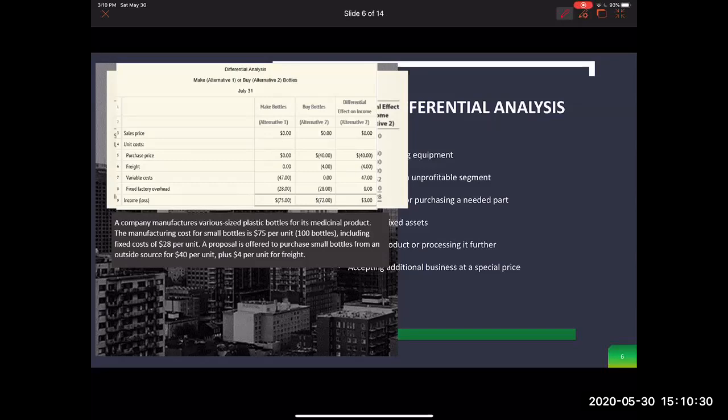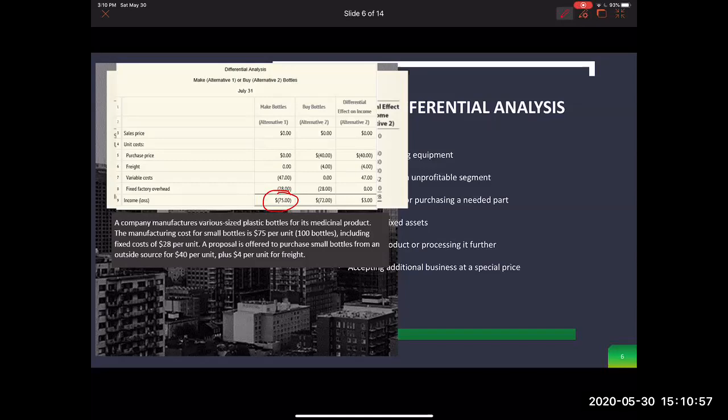Now, it doesn't explicitly tell you the variable cost, but they're telling you the overall cost of making it is $75, and you have to work backwards. As you do your homework and your exam, I promise you this will show up. So make sure you read through the questions very slowly and carefully to make sure you can pick up on what they're trying to put out.